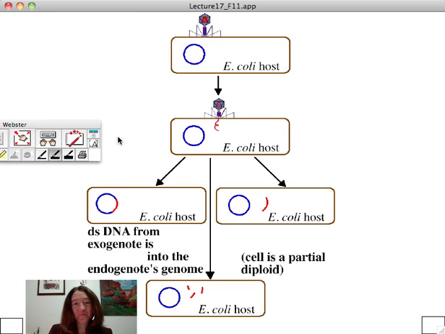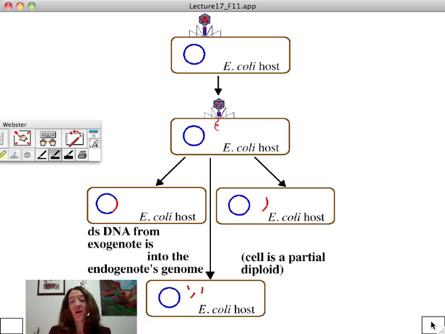Of course, again, the stages of adsorption and penetration will occur, but after penetration, the red DNA is going to potentially integrate into the host cell chromosome. It's a little different than in specialized transduction, where only a single strand of the DNA comes in. Here, the whole thing is a double-stranded molecule. And when full transduction takes place, the double strand fully integrates rather than a single strand.